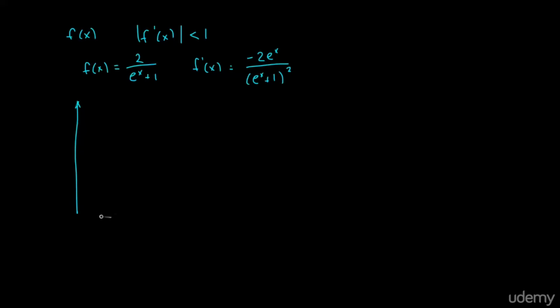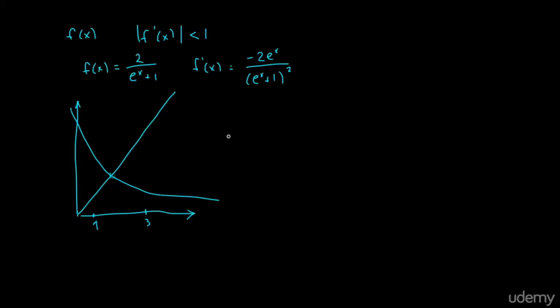Let's have the y and x axes, and let's suppose that y equals x is still what we're interested in. We're interested in this particular point, and we might have different initial guesses. We might have x equal to 1 and x equal to 3. These are the two guesses.